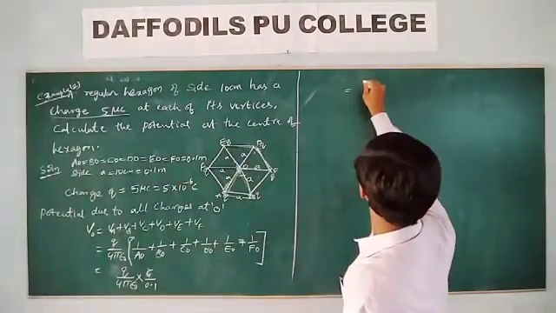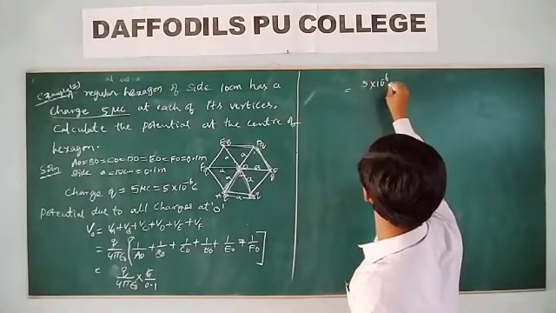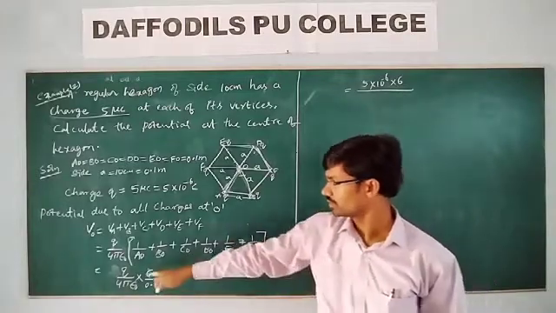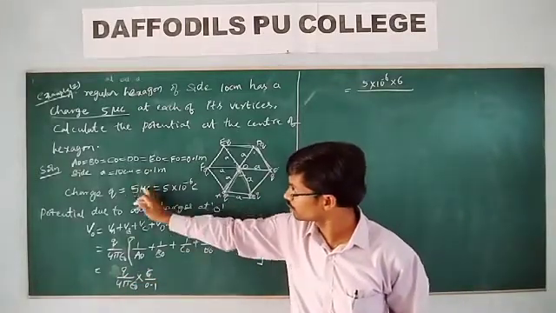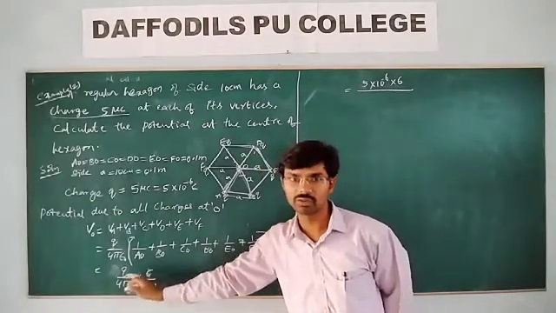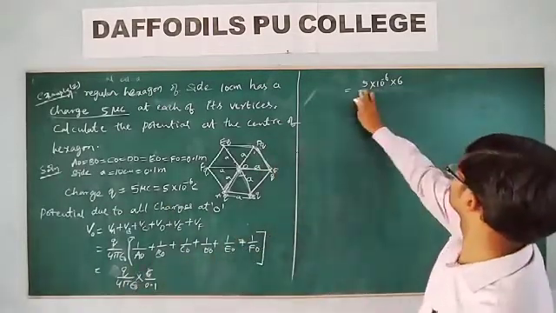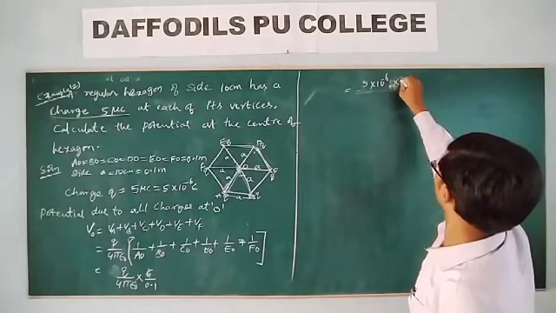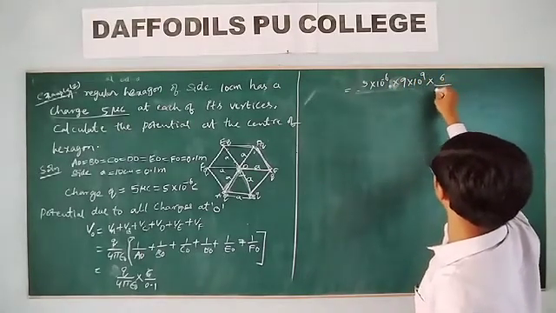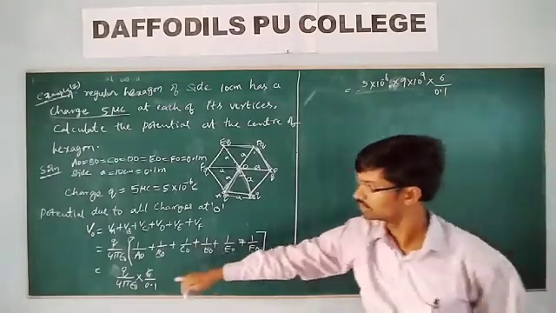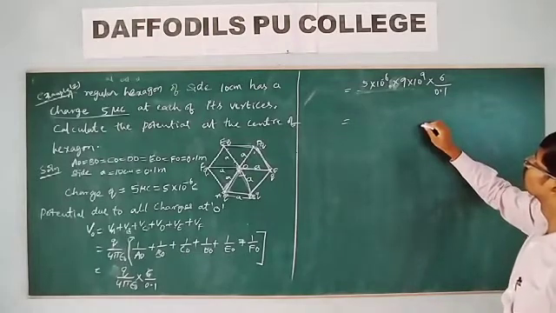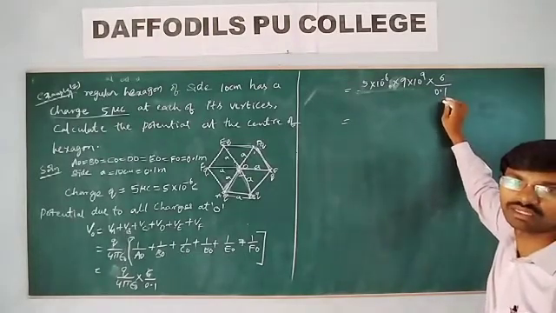Now substitute the values. Q is equal to 5 into 10 power minus 6 times 6 by 0.1. Charge 5 microcoulomb, 5 into 10 power minus 6, and 1 by 4 pi epsilon value is what? 9 into 10 power 9. So 9 into 10 power 9 into 6 by 0.1. 0.1 means 10 power minus 1.